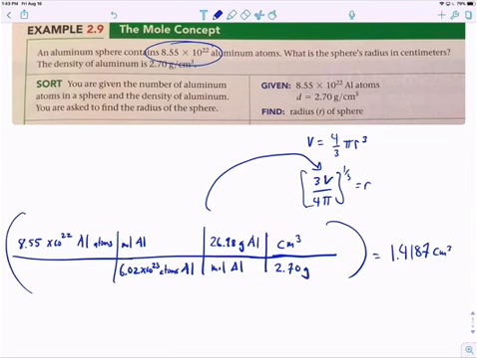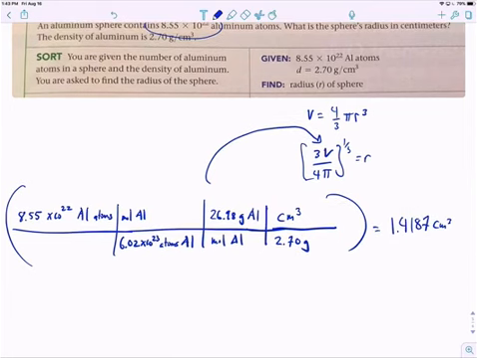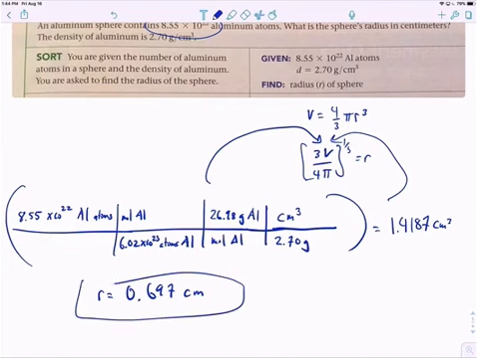And then you plug this, like I said, into that equation, and what you end up getting for the radius is 0.697 centimeters. Right, so then you have the answer there.